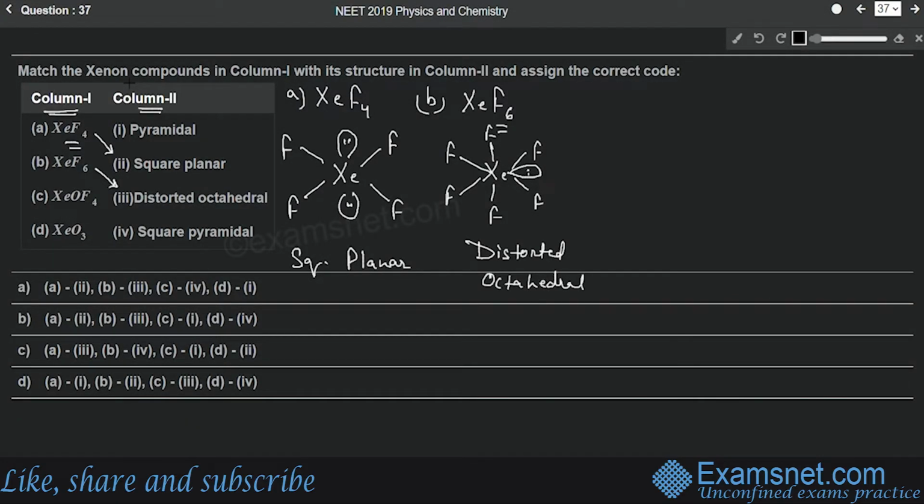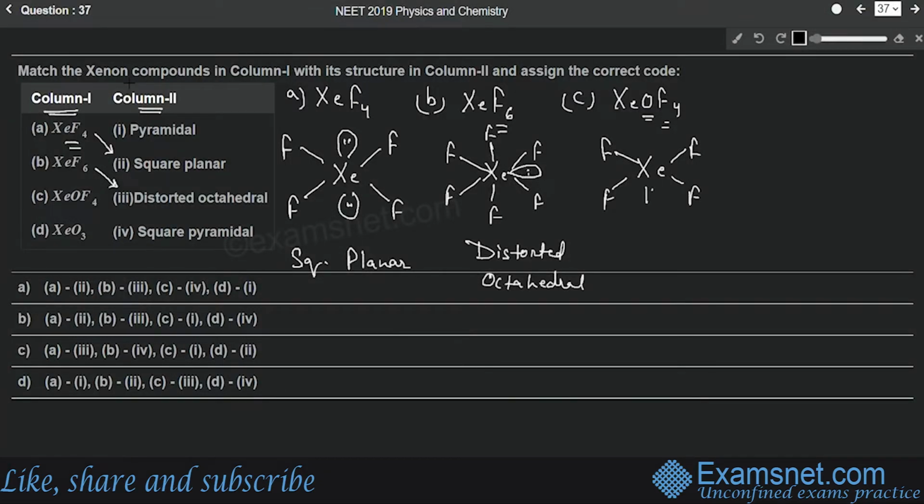Now we come to the third one. It is xenon oxytetrafluoride. So we have xenon. Now 4 fluorine atoms are there. So 1, 2, 3 and 4. Now out of 8 electrons, 4 are utilized. How many left? 4 electrons left. Then we have one oxygen atom also.